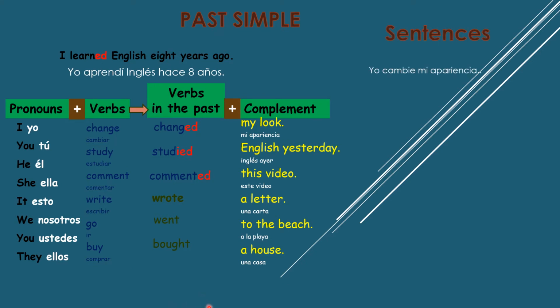How do you write in English? Yo cambié mi apariencia. Easy. Yo, I, cambié, changed my look. And you say the sentence is, I changed my look. Ella estudió inglés ayer. Easy.